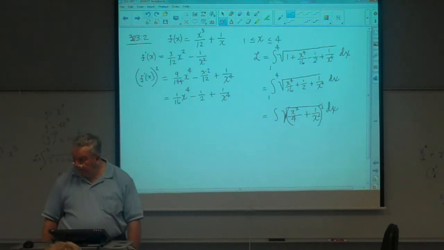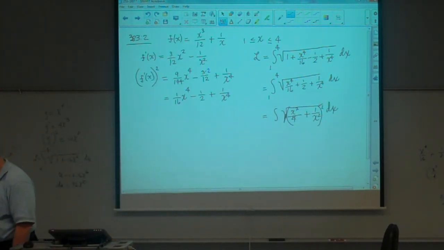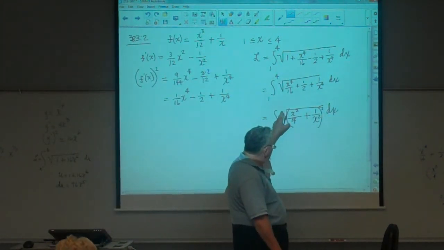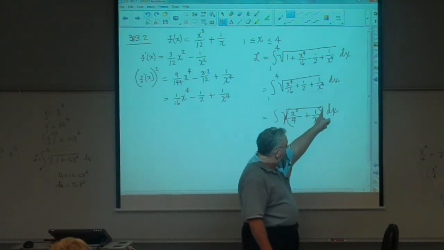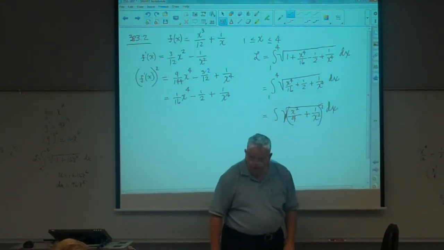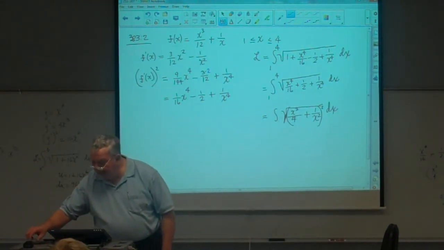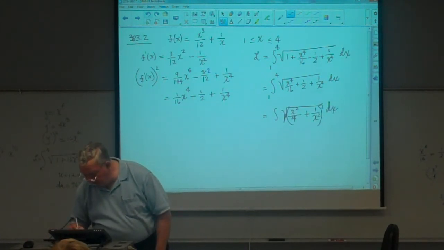Do you agree? I did all of that off to the side over there so I could do that. And the reason I wanted to do that is because the square root of something squared is just something, right? And that gets us out of a big jam.